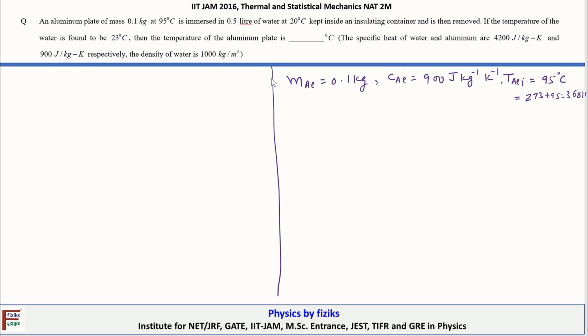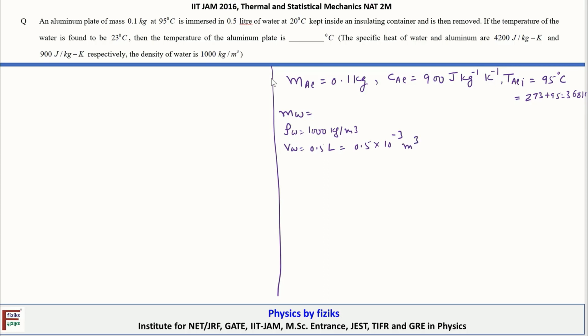Now what are the parameters for the water? The mass of the water: the volume is given, so that can be converted into mass, because the density of water, rho water, is given as 1000 kilogram per meter cube. The volume of water, VW, is 0.5 liter, which is equal to 0.5 into 10 power minus 3 meter cube.